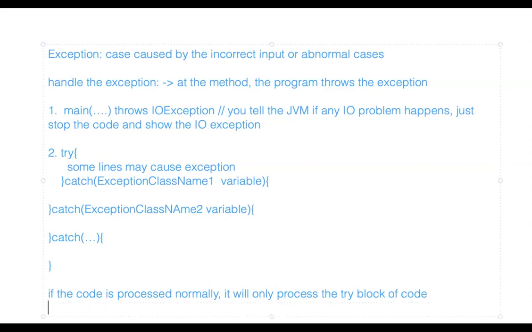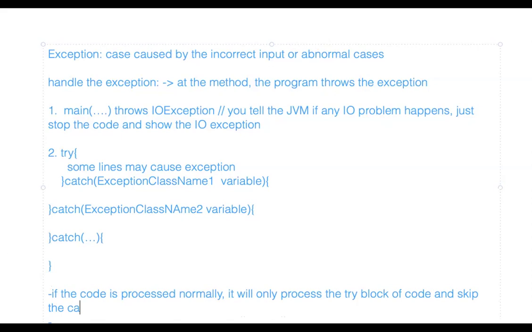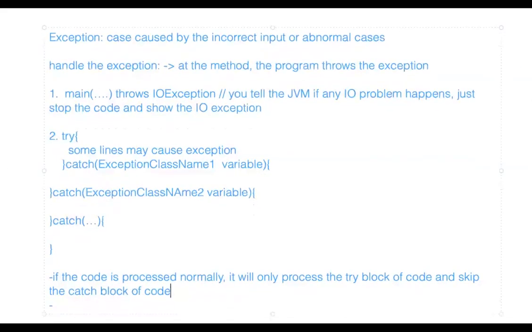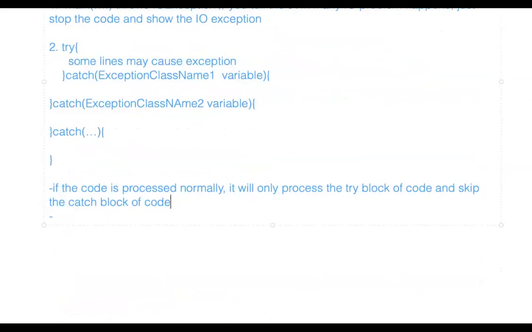So the first thing, if it's a normal case, then it just runs the try block of code and skips the catch block of code. Okay, so this is the first thing. If it's running okay, it will do only the try block of code and skip the catch block of code.